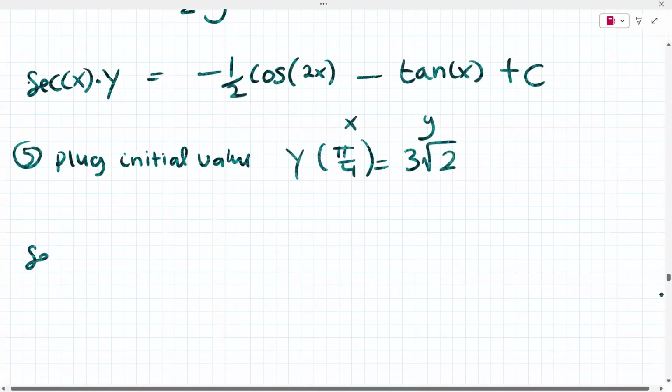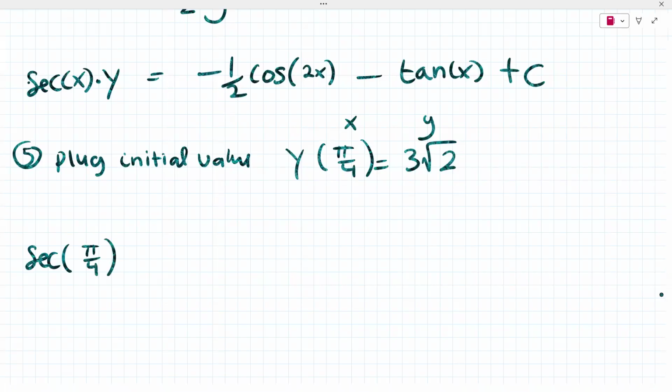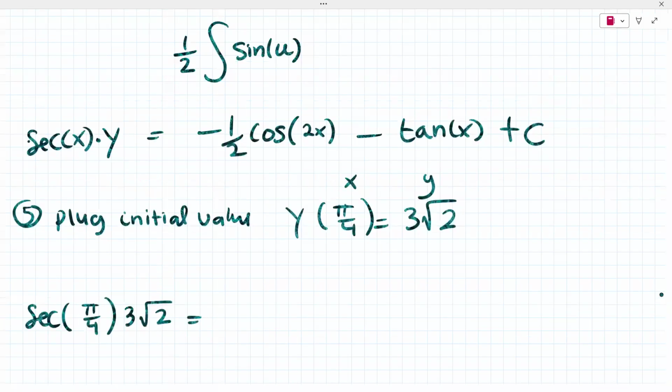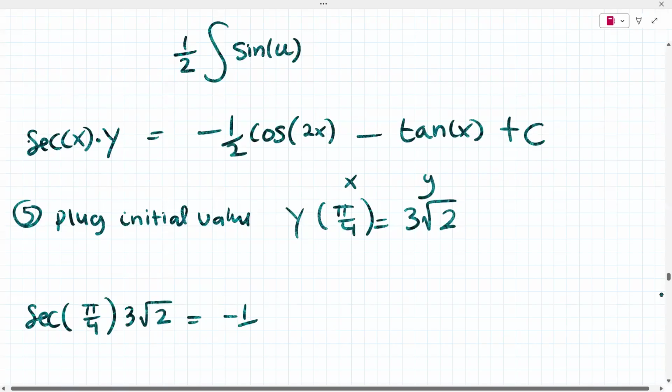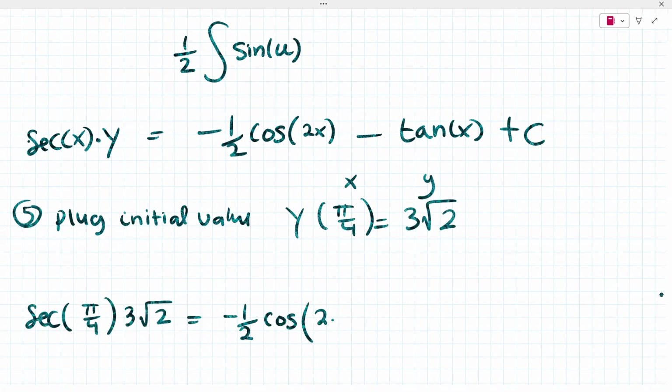So it's going to be secant of x, which is pi over 4, times y, which is 3 radical 2, equals negative 1/2 cosine of 2 times x, which is pi over 4, minus tan of pi over 4 plus c.